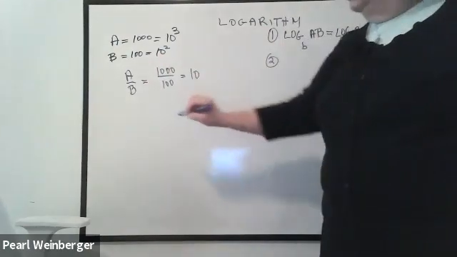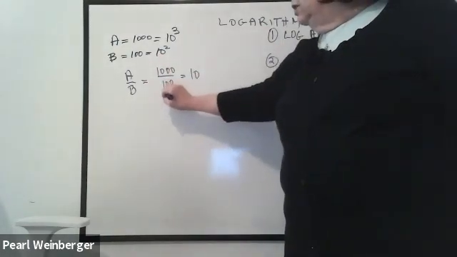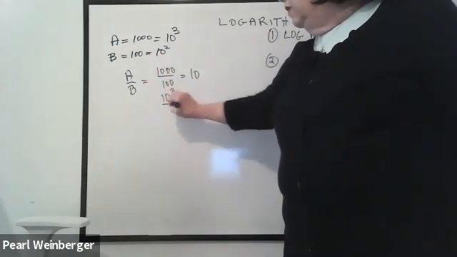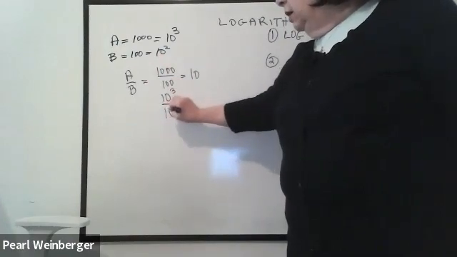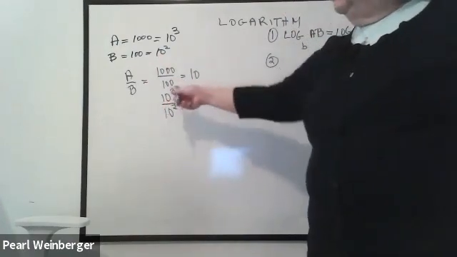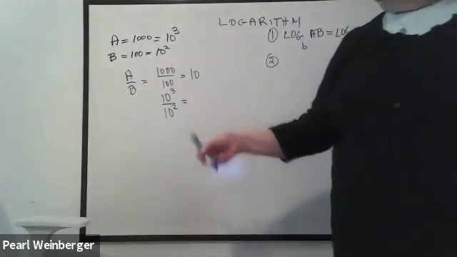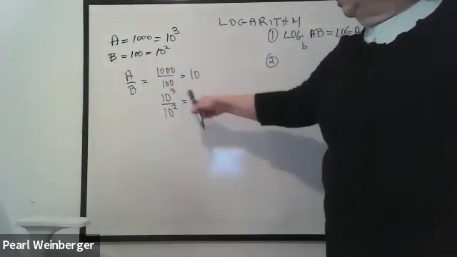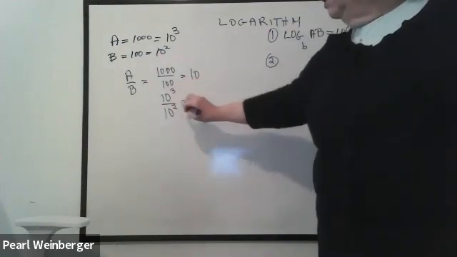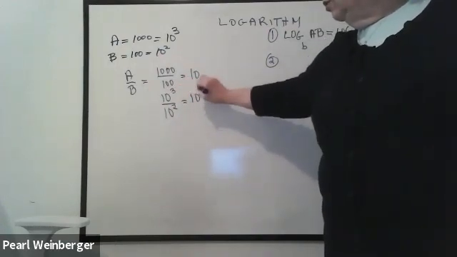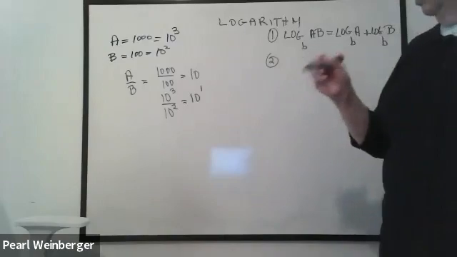Or I could have done it by the exponents. I could have done 10 to the 3rd divided by 10 squared. And I know that when I'm dividing numbers that have the same base, I can just subtract their exponents. So 3 minus 2 would give me 10 to the 1.